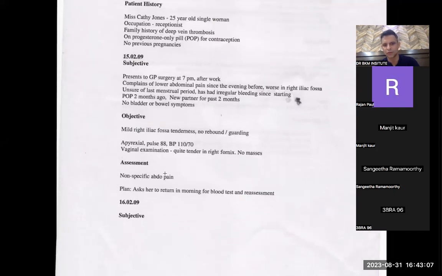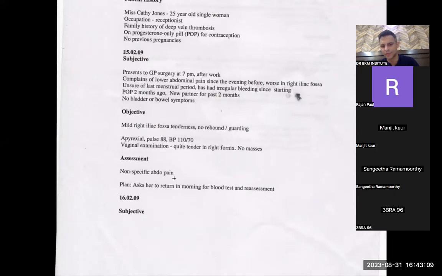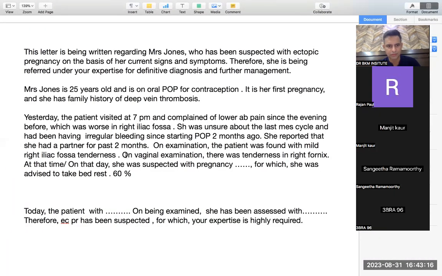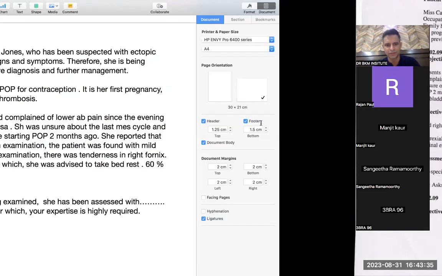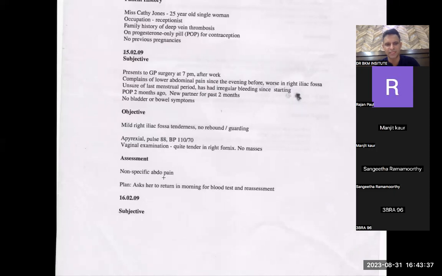So assessment of non-specific abdominal pain, and she was asked to return in the morning for blood test and reassessment. At that time, you can say at that time, it means yesterday. So at that time is sounding better for yesterday. At that time, she was assessed, because the word assessed is given. So I have to write exactly the same word. She was assessed with non-specific abdominal pain.